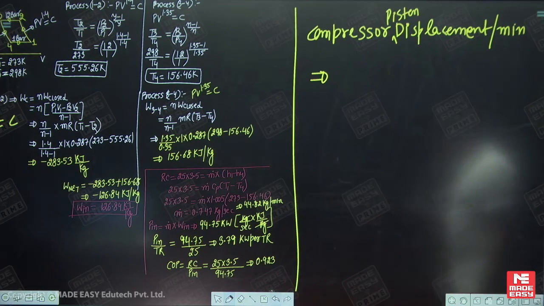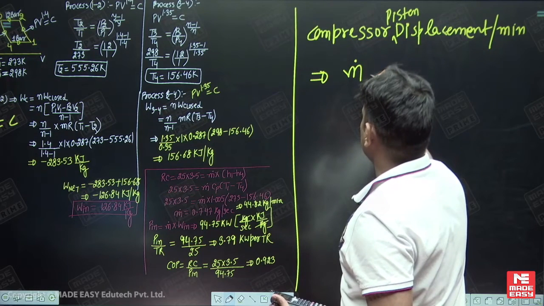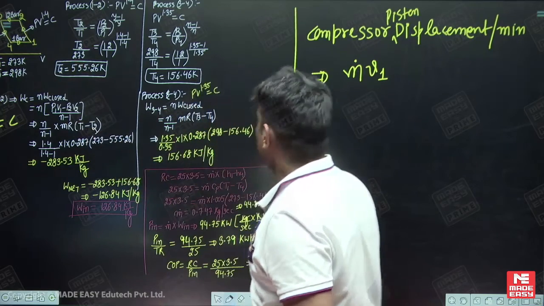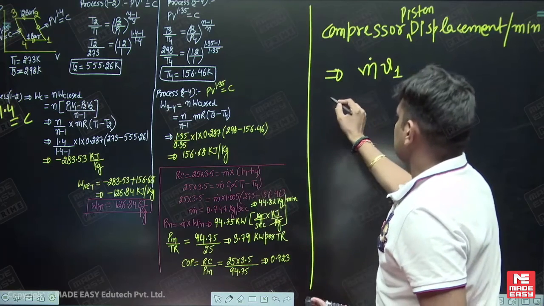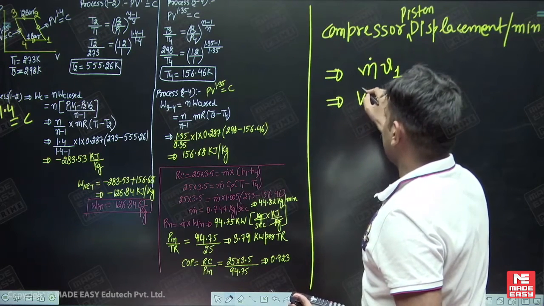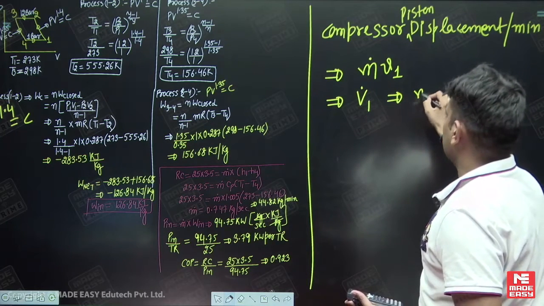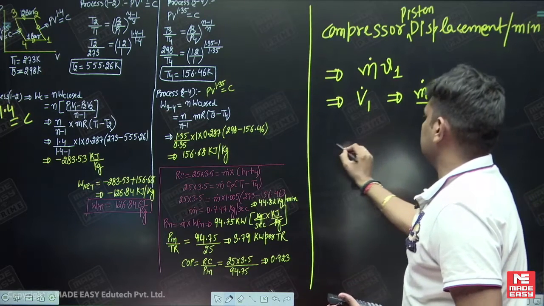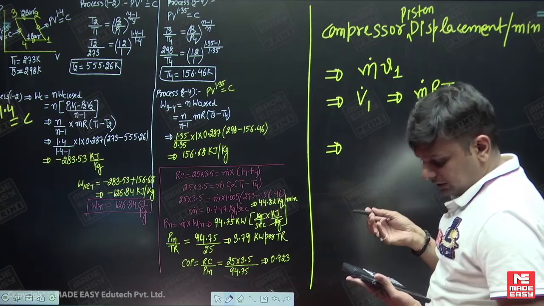Compressor piston displacement per minute is nothing but m dot v entry, and v entry is v1, since specific volume is volume by mass. So basically you have to calculate V dot 1, which is m dot R T1 upon P1.